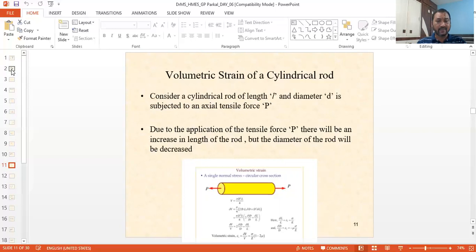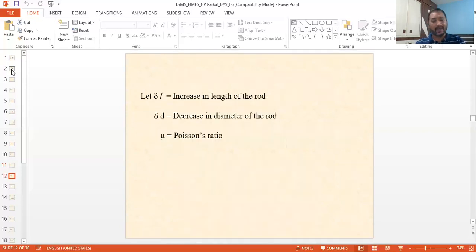Similarly, the lateral dimension, which is the diameter, will show a smaller decrease. The diameter will reduce. So accordingly, we can find out the volume.